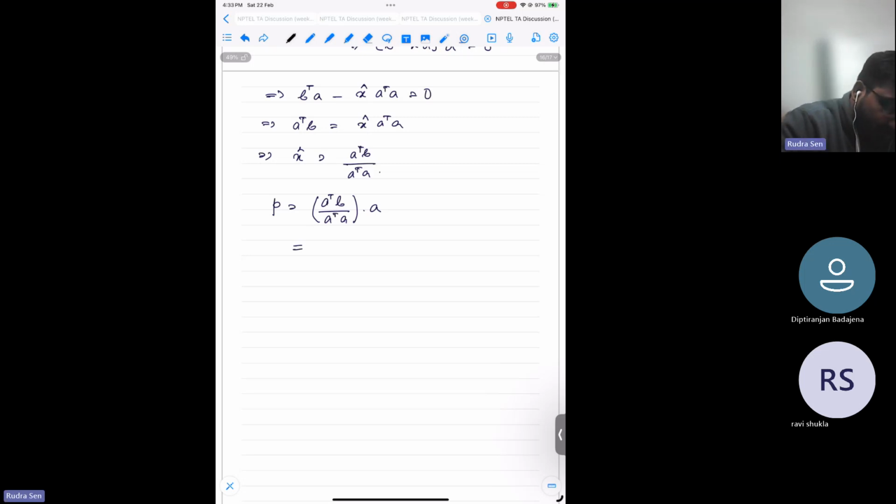This term is a scalar, because the numerator and denominator are both scalar terms.